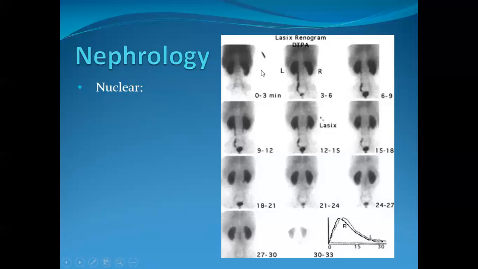That's important, because if we have abnormalities such as an obstruction, then they'll be somewhat delayed on the obstructed kidney. Or if you have an abnormality like a renal artery stenosis, then the radioisotope will be delayed, and you'll have delayed enhancement or delayed intensity of the affected kidney also.